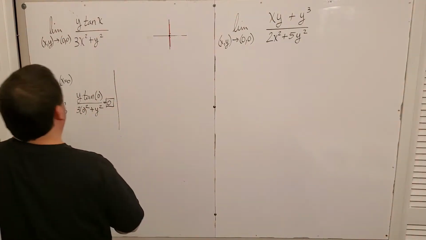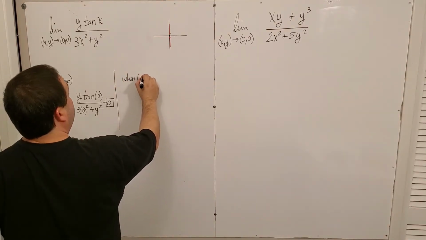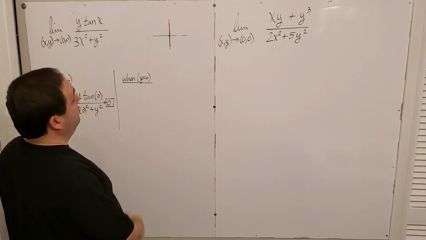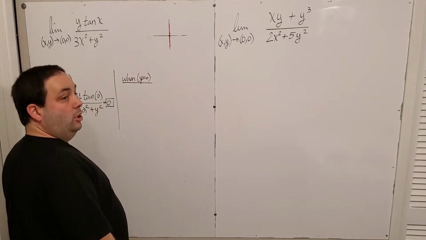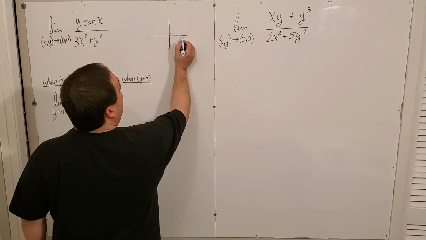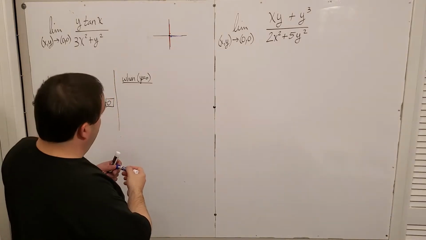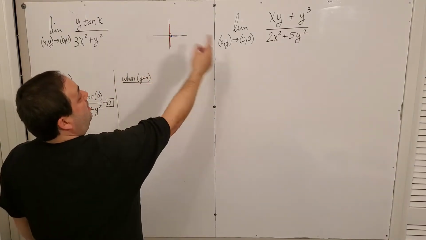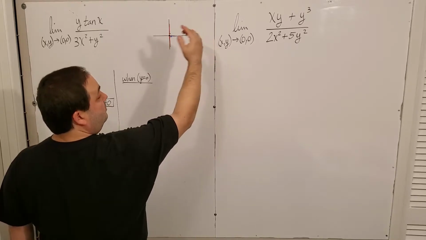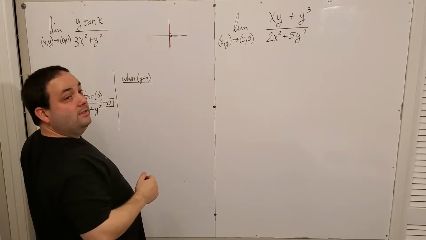Well, what do I get when y equals 0? In other words, when y equals 0, I'll be following along the x-axis, right? I'll be walking along this path right here. So whatever the surface is, I'll be following that curve this way, like a path on the surface until it gets to that point.